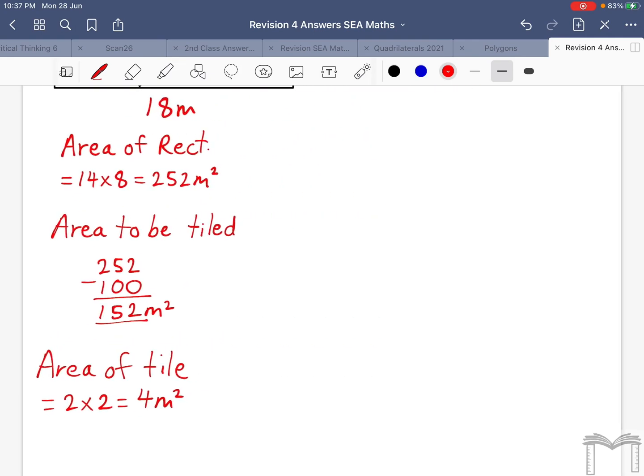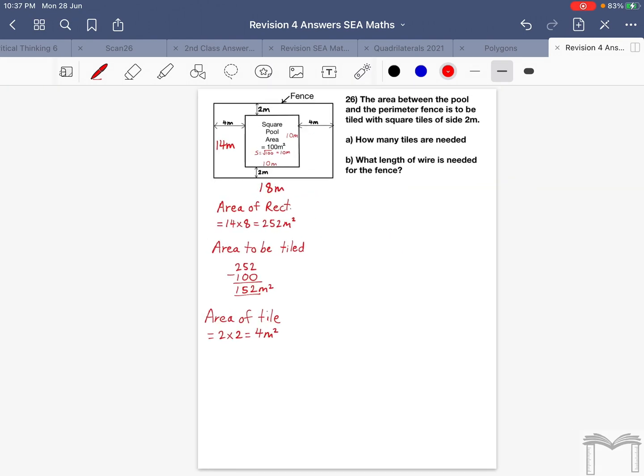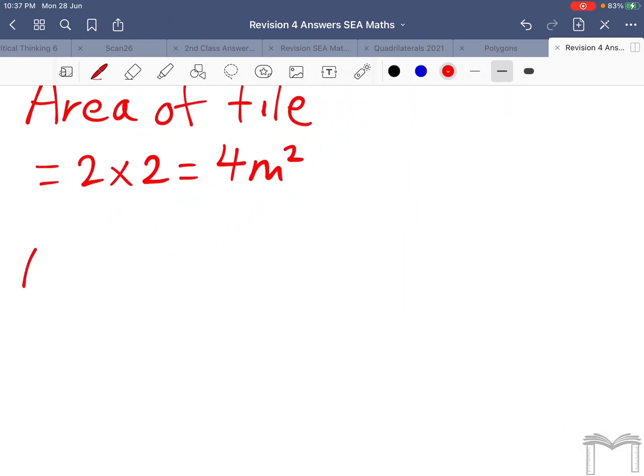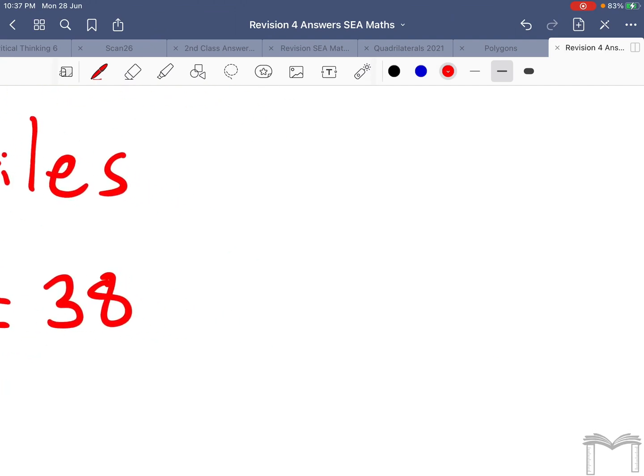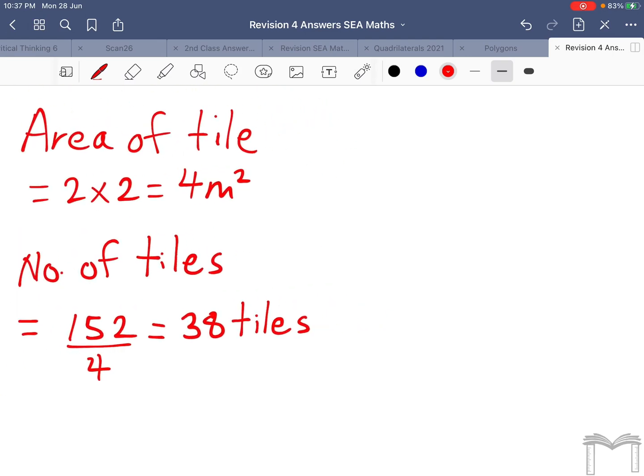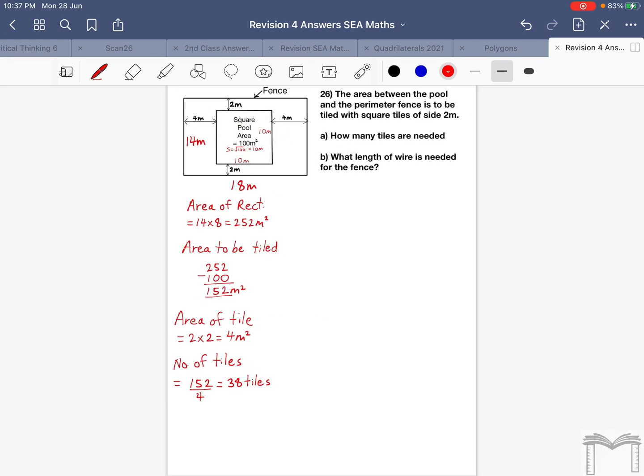So the number of tiles is equal to the area to be tiled, which is 152, divided by the area of a tile. When we work this division out, we'll get 38 tiles. So that's the answer for part A.